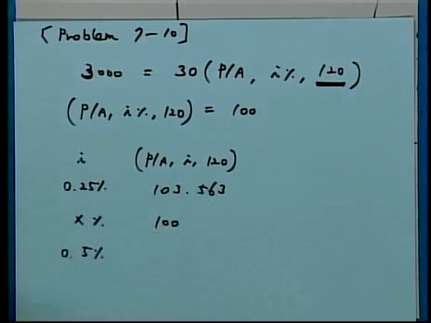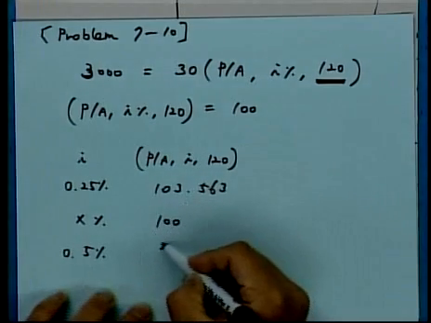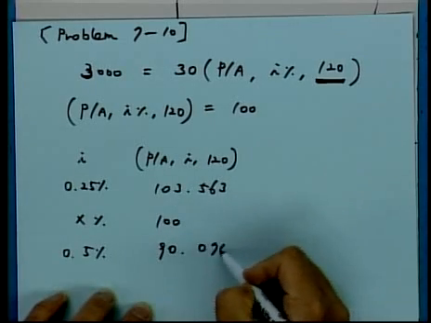If it's 0.5%, P given A over 120 periods is 90.074.